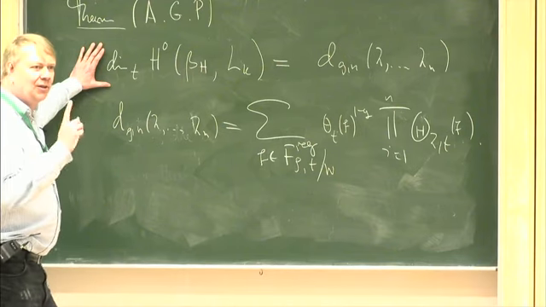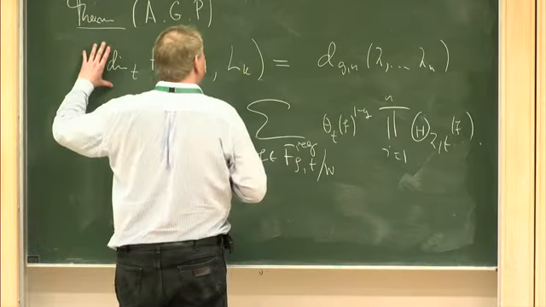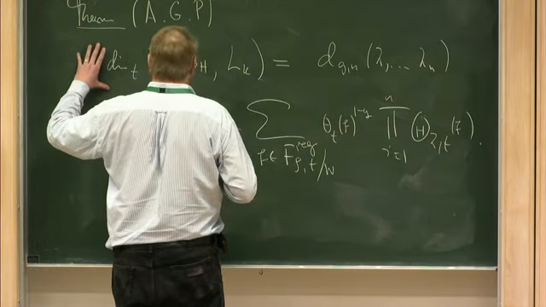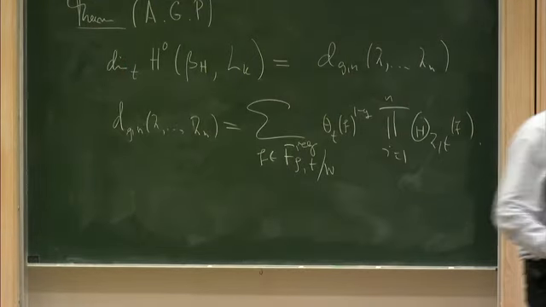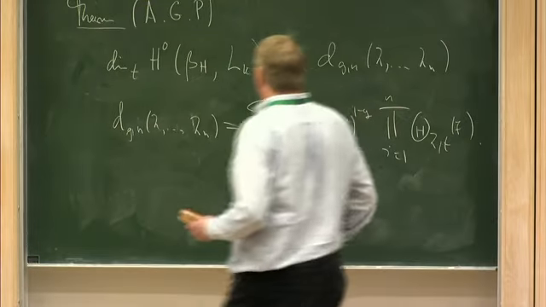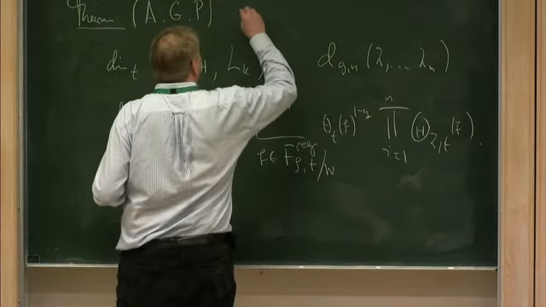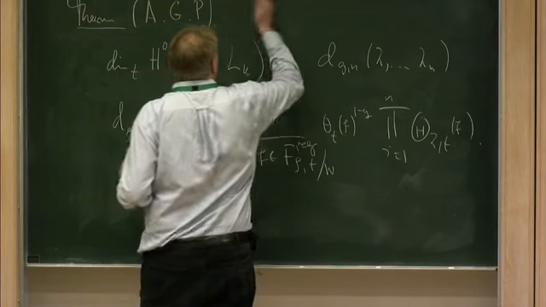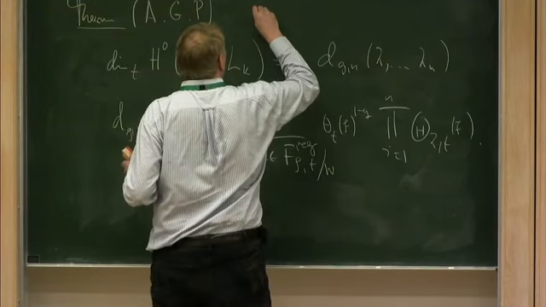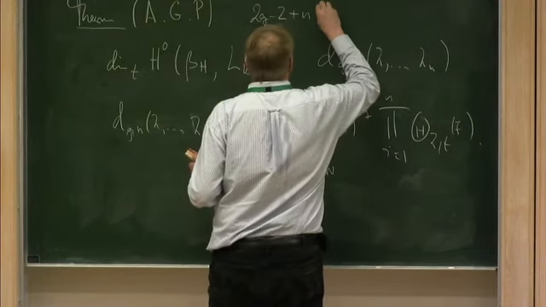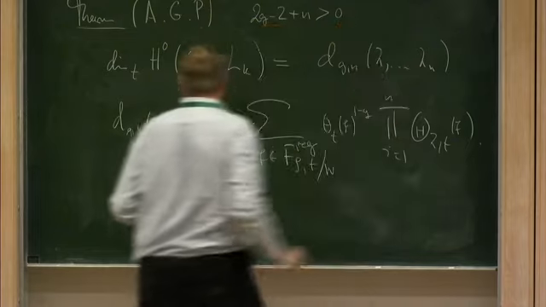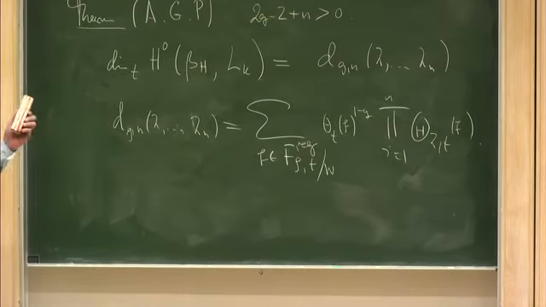Sorry, this is not right. Well, I can make this right by saying that if you take the Euler characteristic, 2g minus 2 plus n, if this is positive, then this is right. There are exceptions if this is not the case.